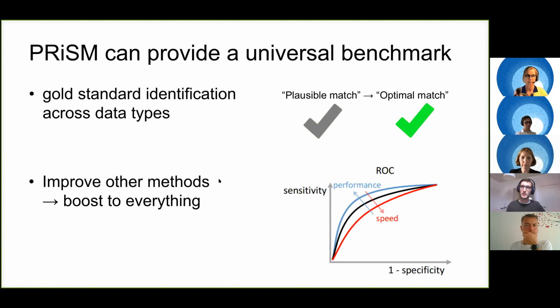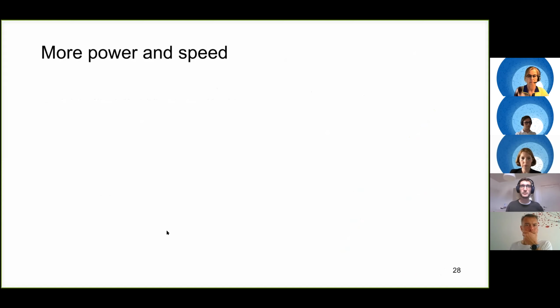And now we can measure that accurately with a gold standard. So that's a boost to anything that is involved with proteomics, any research or medical applications as well. I could talk a bit about how we could easily make Prism more statistically powerful and faster, and how that leads to even more applications.